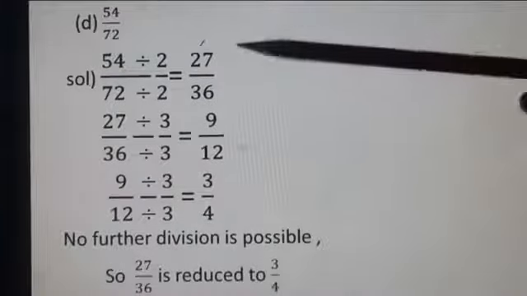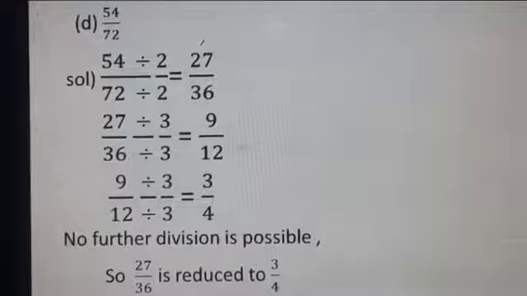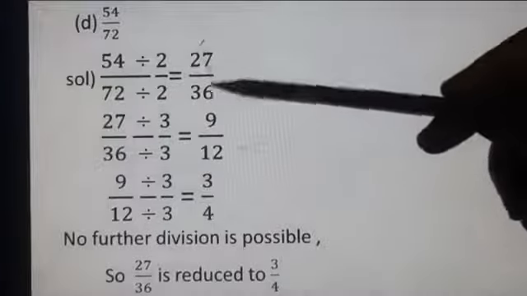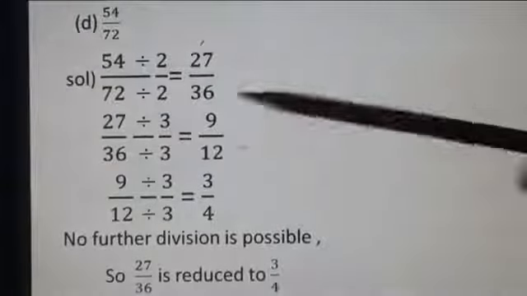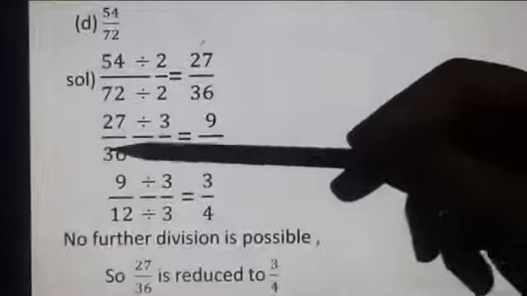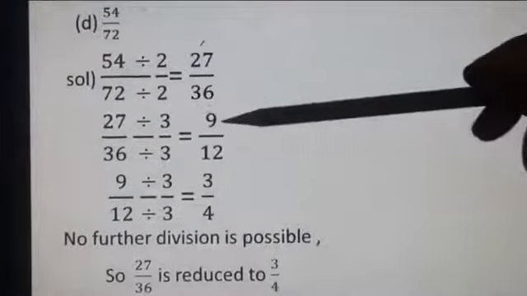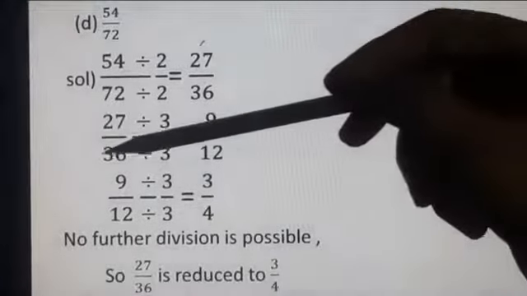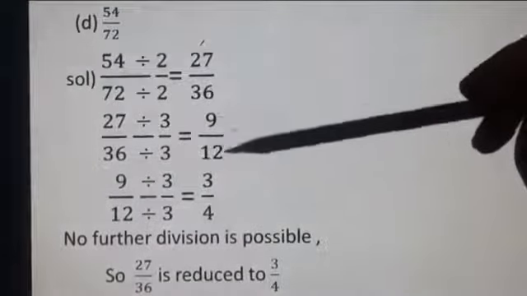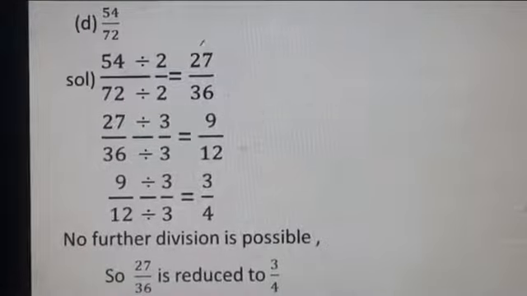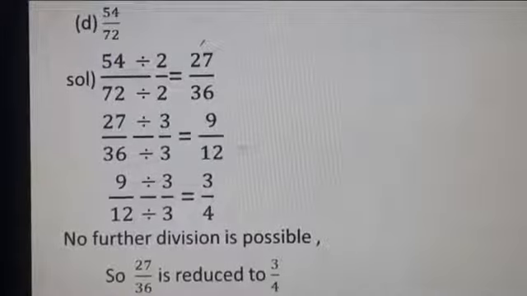अब यहीं से आप देख लीजिए 27 36. We can convert it again into lowest form because both are divisible by 3. So 27 divided by 3, 36 divided by 3. 3 9s are 27, 3 1s are 3, 3 2s are 6. So now the reduced form is 9 upon 12. 9 upon 12 is again divisible by 3.